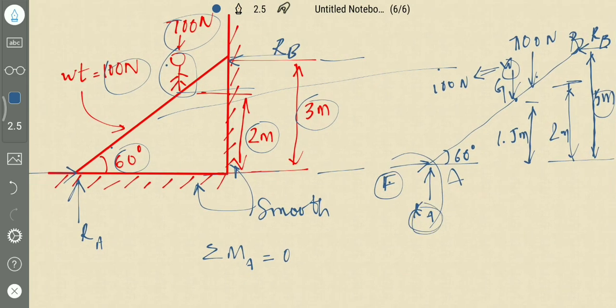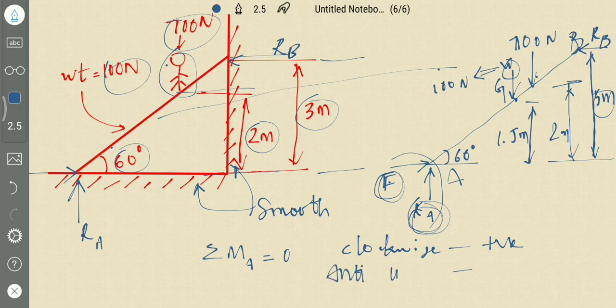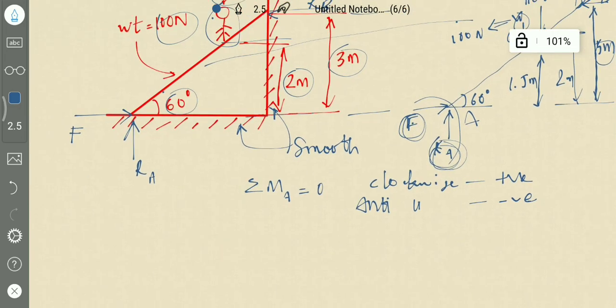This R_A and F are passing through point A, so there is no moment created by these two forces about point A. Other forces are weight. Considering clockwise as positive, anti-clockwise as negative moment.